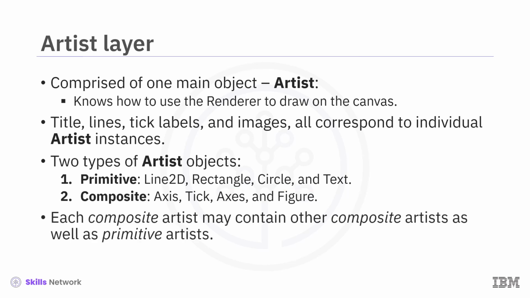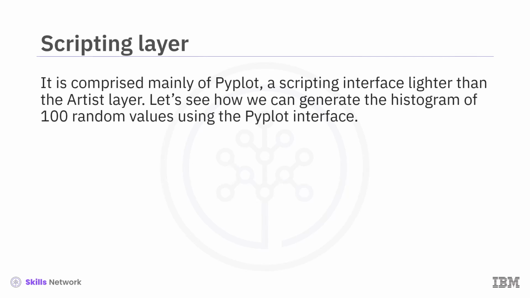Each composite artist may contain other composite artists as well as primitive artists. So, a figure artist can have an axes artist, a rectangle, and a text artist. The artist layer is syntactically heavy. Programmers work directly with the back-end and artist layers as they offer greater convenience while integrating Matplotlib with application servers.